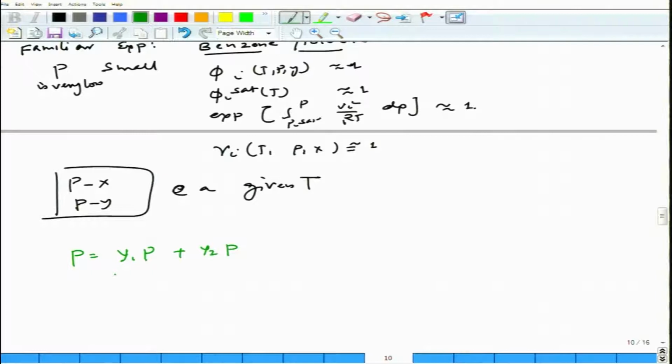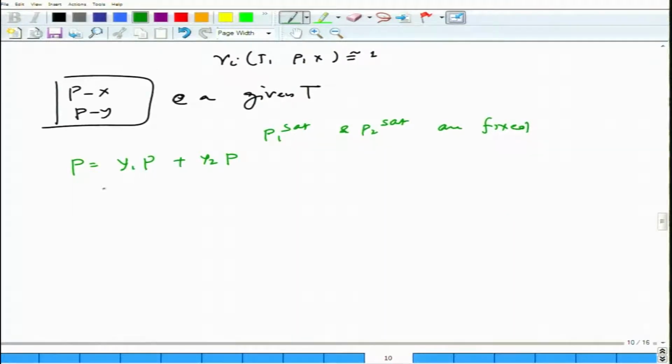Temperature is fixed. For a given temperature, we know the P sats are going to be fixed, because P1 sat is for the pure system, which means P1 sat and P2 sat are fixed. So, now I can write this as x1 P1 sat plus x2 P2 sat.